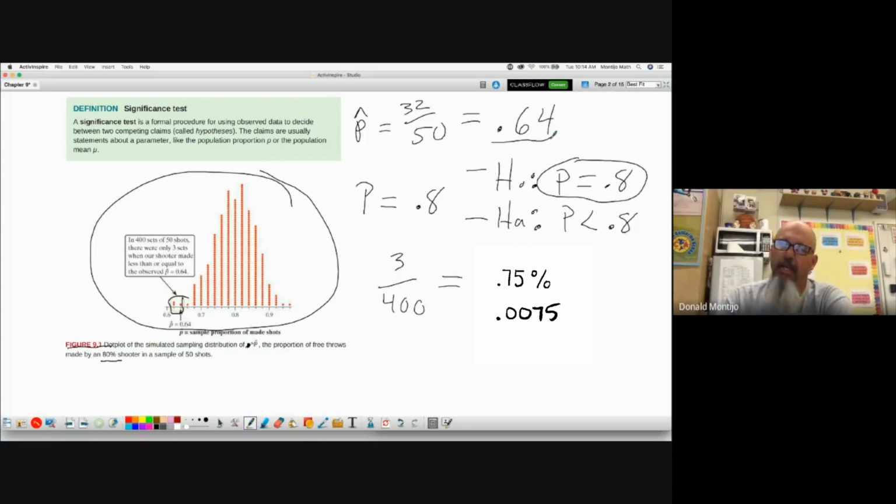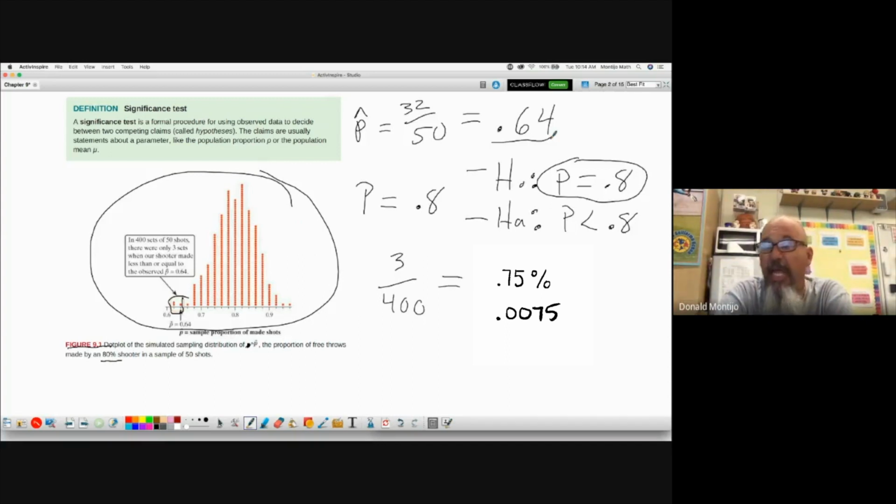Not very likely, if he truly shoots 80%. So the whole concept we need to be thinking about in this unit is, if the null hypothesis is true, what is the probability of finding a sample such as the sample we found? If that probability is low, we will not believe the claim. If the probability is reasonable, then we cannot dispute the claim.